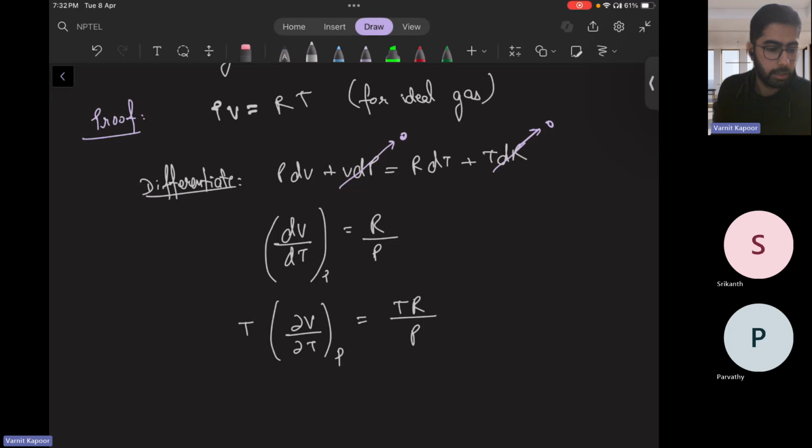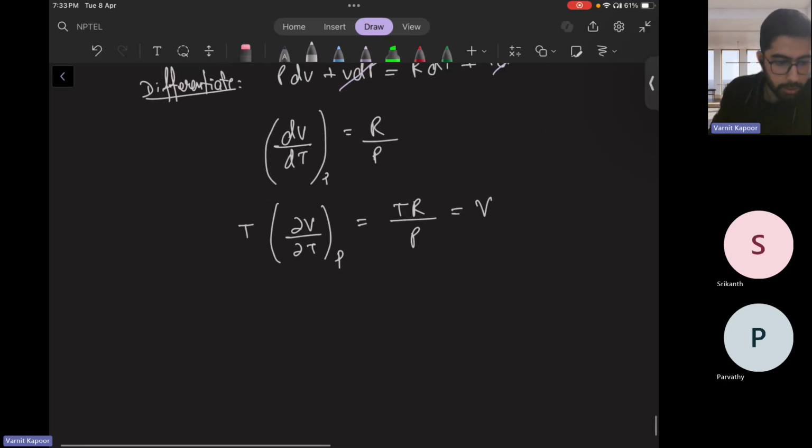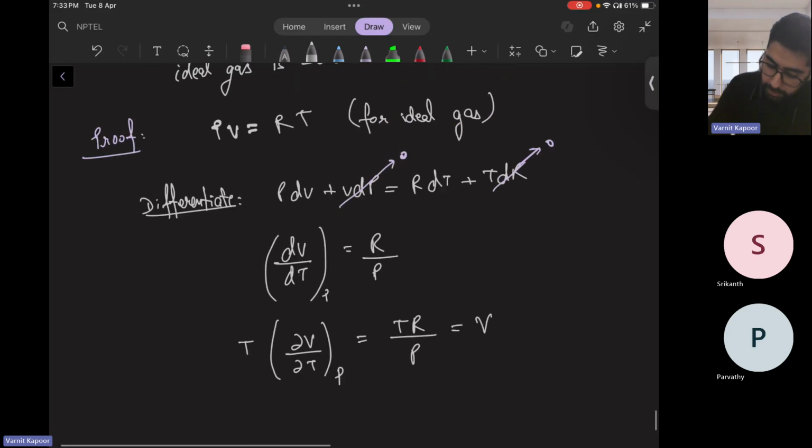Also, PV is equal to RT. So this is also equal to V. So you got the expression. Now put this expression in the Joule-Thomson coefficient.